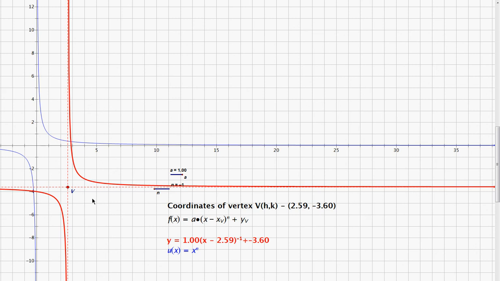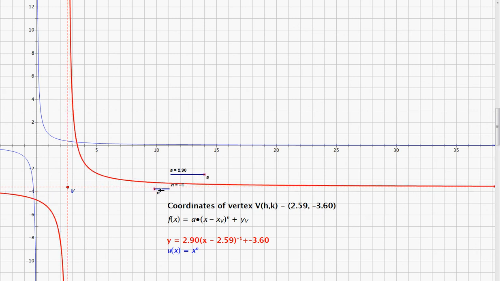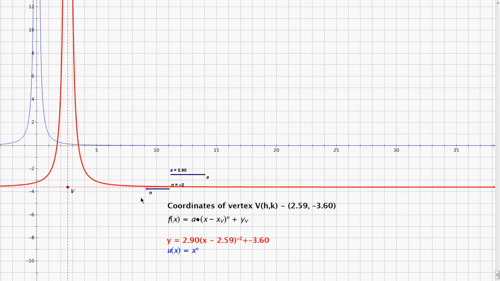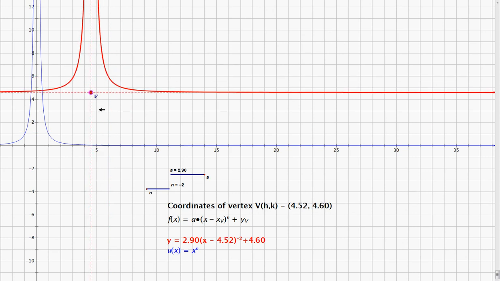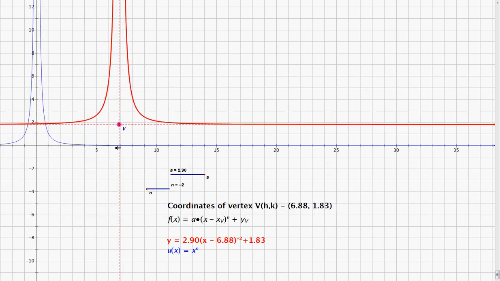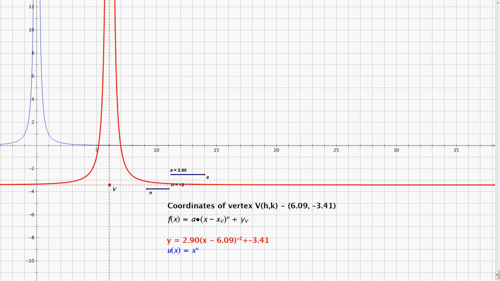Power transform function, again you can pick any power function you want. It gives you a lot of freedom of picking what you actually want to play with, and you can pick the vertex and translate your function, and see how it changes parameters.